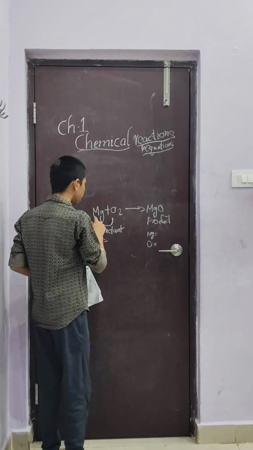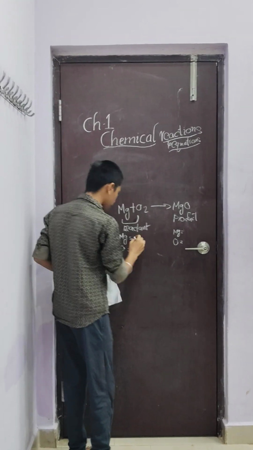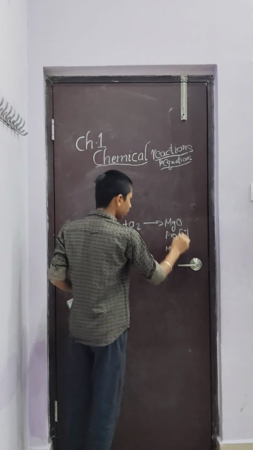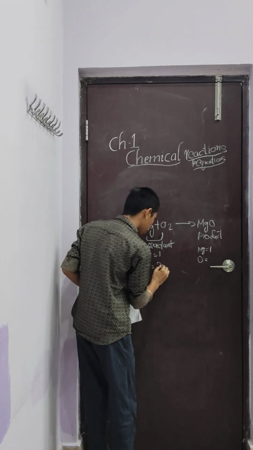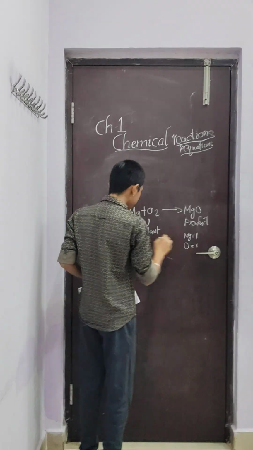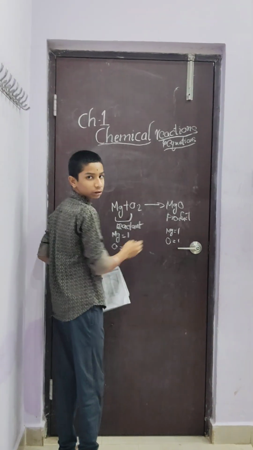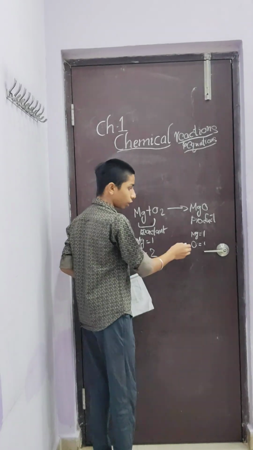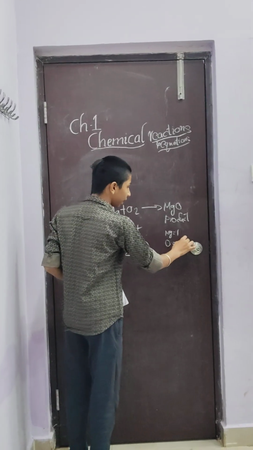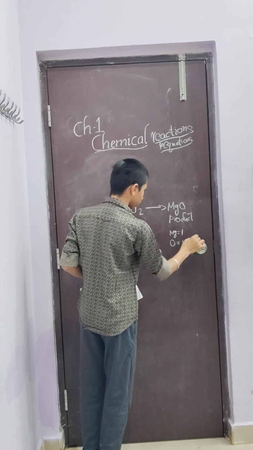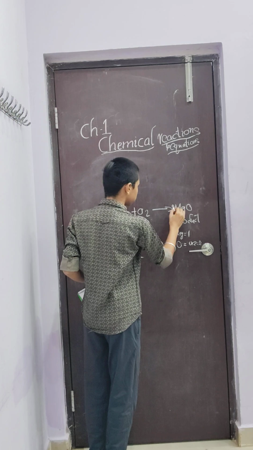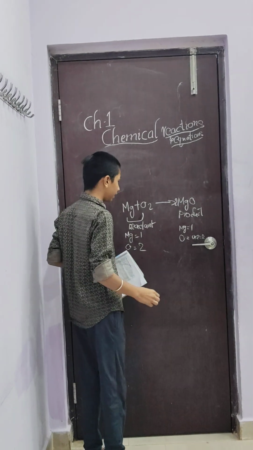On the reactant side, magnesium is 1 and oxygen is 2. On the product side, magnesium is 1 and oxygen is 1. Magnesium is balanced on both sides but oxygen is not. So we have to multiply the product side by 2.